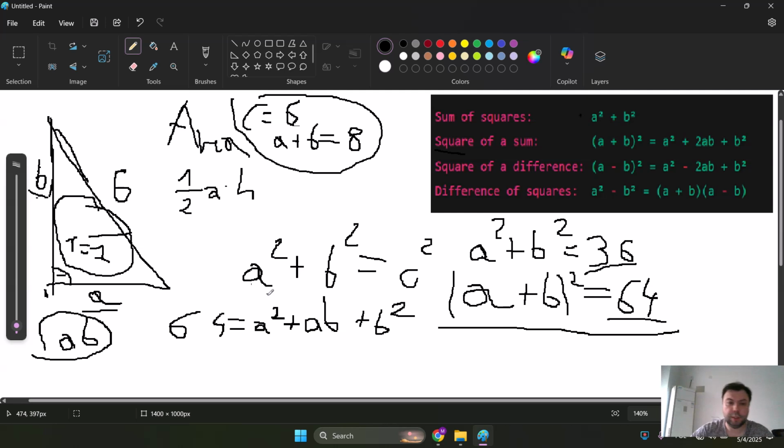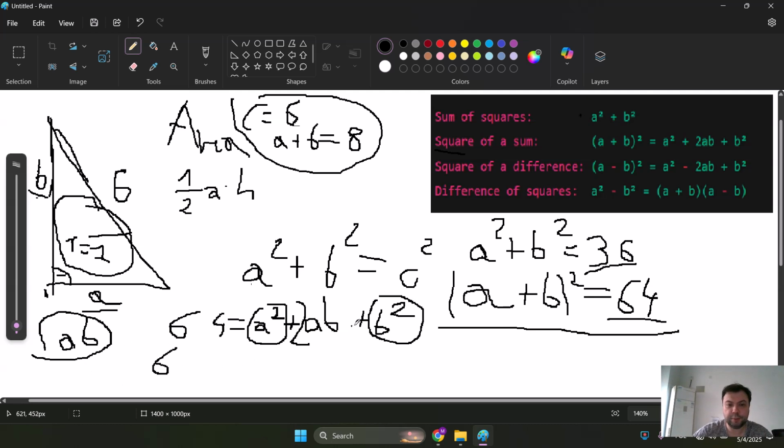And now we have to set 2ab, right? Equals plus 2ab. So 64 equals a squared plus 2ab plus b squared. So we already know what is a squared plus b squared.